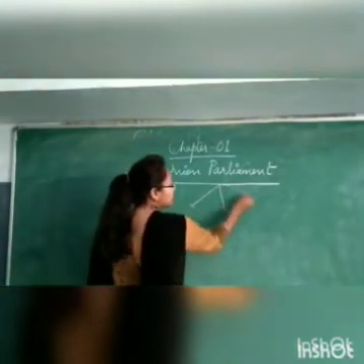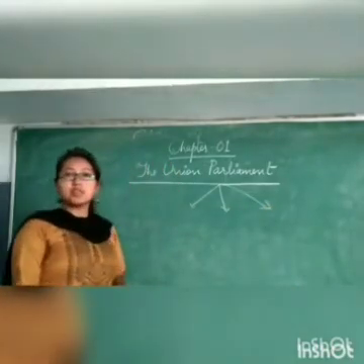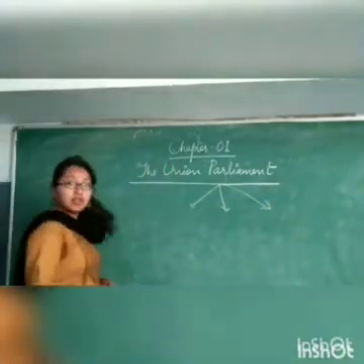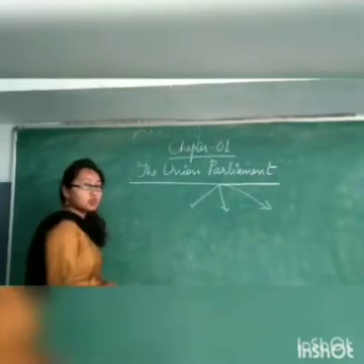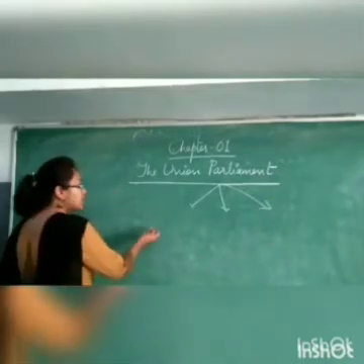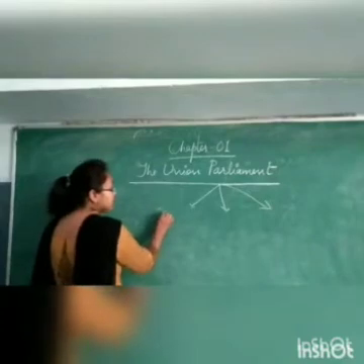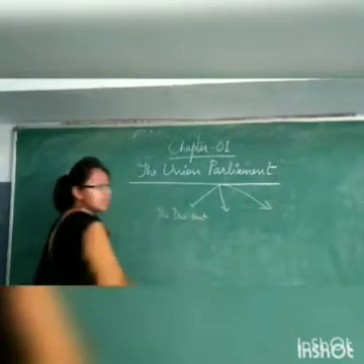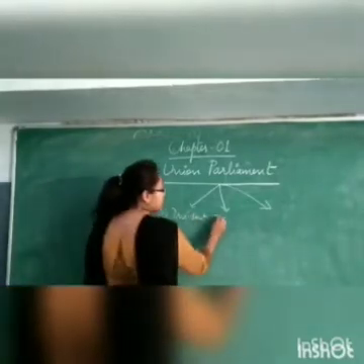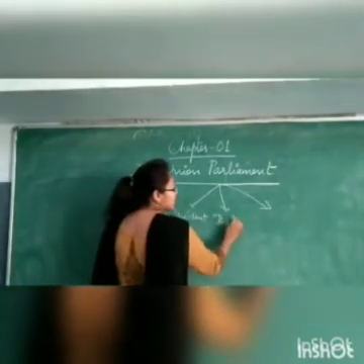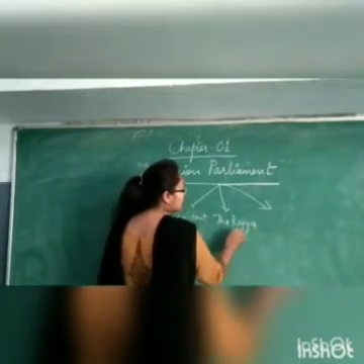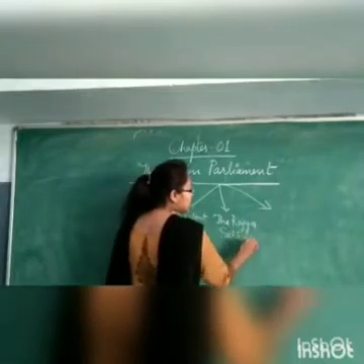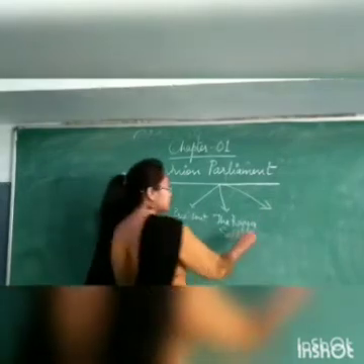There are three constituents of the Indian Parliament. Number 1, the President; second constituent is the Rajya Sabha, and third constituent is the Lok Sabha.